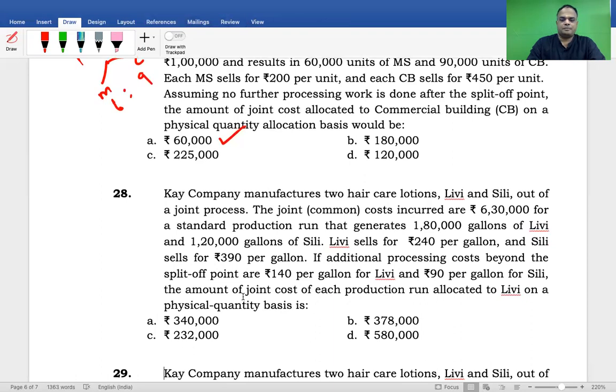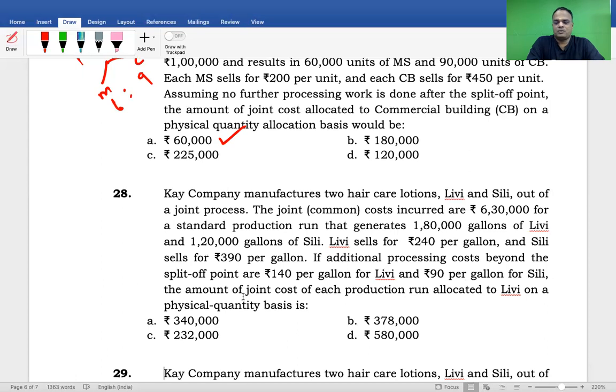Next one. K company manufactures two hair care lotions, Livy and Silly, out of a joint process. The joint cost incurred, that is the common cost, is 6,30,000 for standard production that yielded 1,80,000 gallons of Livy and 1,20,000 gallons of Silly.